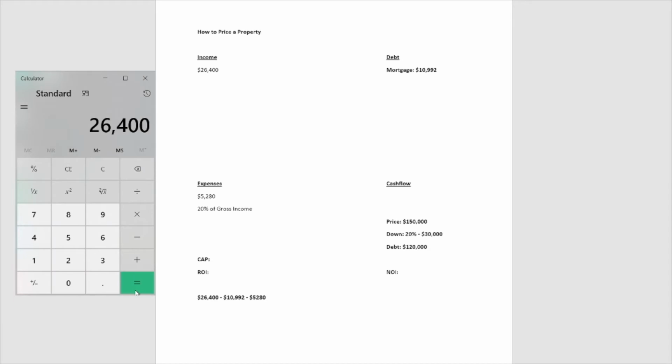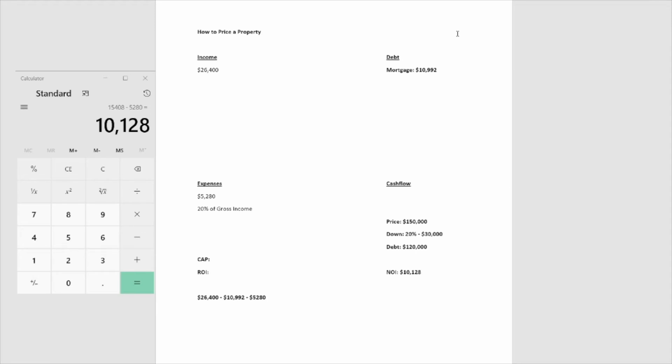So $26,400 minus $10,992 minus $5,280 for our expenses, which leaves us with a net operating income. So when it's all said and done, we are going to make $10,128 per year, which is not bad at all.